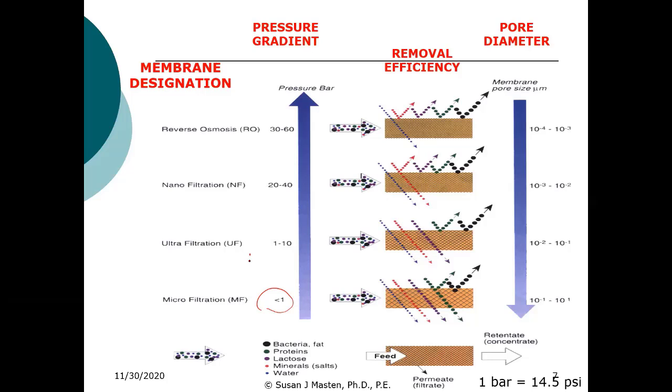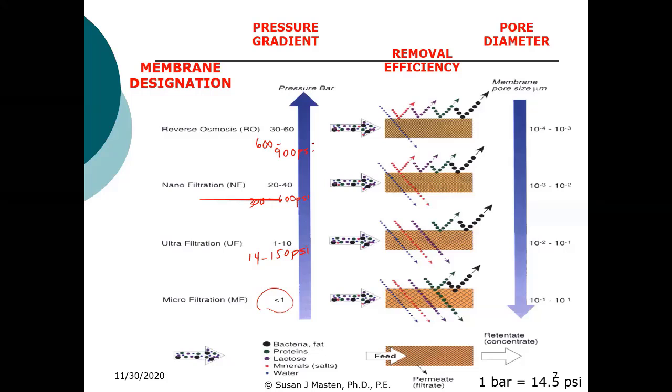So we're talking here about 14 to about 150 psi. Here we're talking about 300 to 600 psi, and here about 600 to, and this isn't exact, about 900 psi, just to give you an indication.